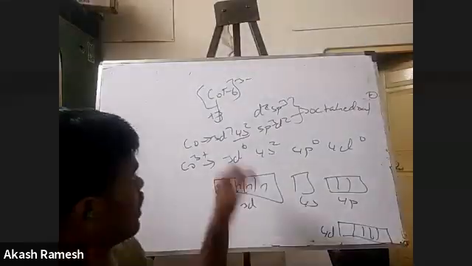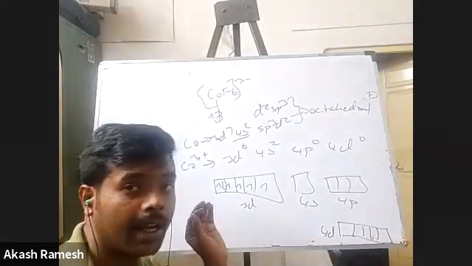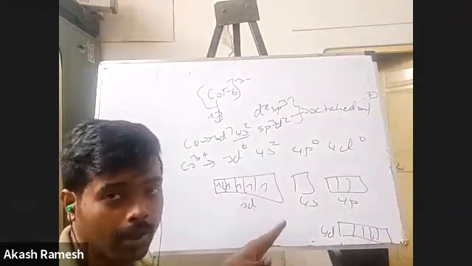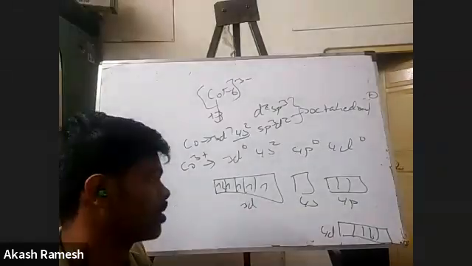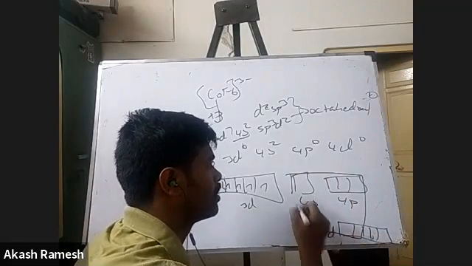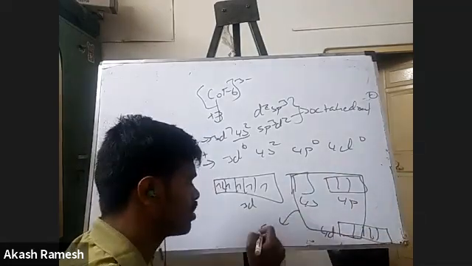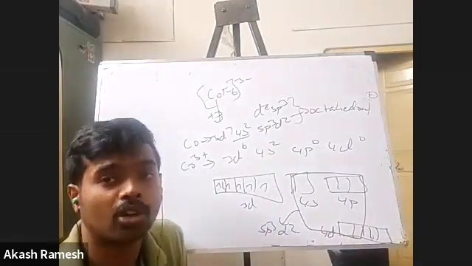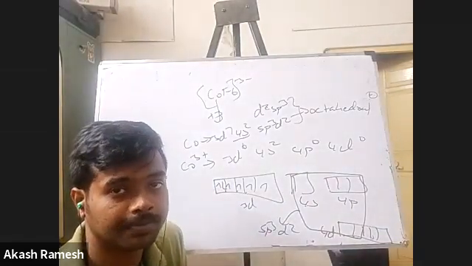Now here I have F minus, which is a weak field ligand, so pairing is not possible. So you have to take only the outer orbitals, valence shells only. The only possibility is s, p1, p2, p3, d1, d2. So this is going to form sp3d2, and it's going to be an outer orbital complex.